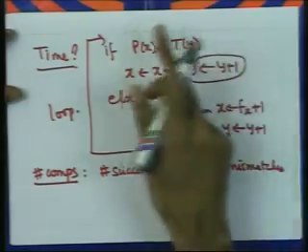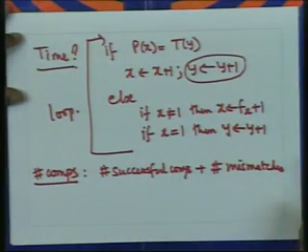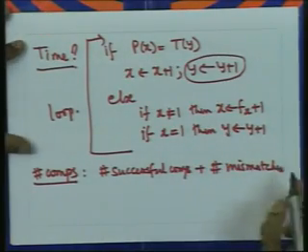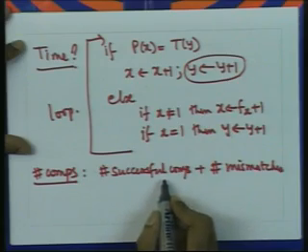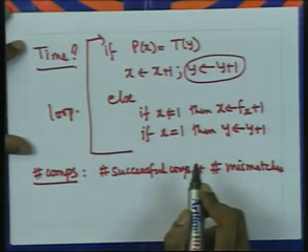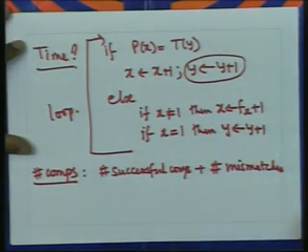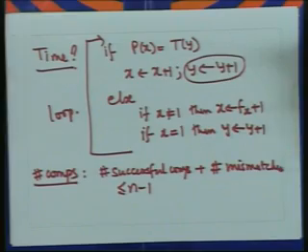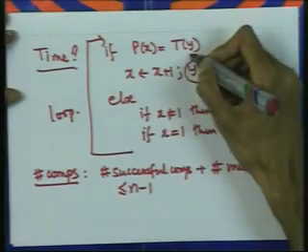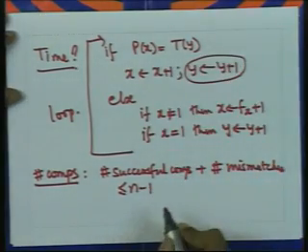The pointer on the text never goes back, always goes forward. So, each time y goes up by 1, it starts at 1, ends up at n. So, this is at most n minus 1, because the smallest value of y is 1, the largest value is n, and each time there is a successful comparison, it increases by 1.